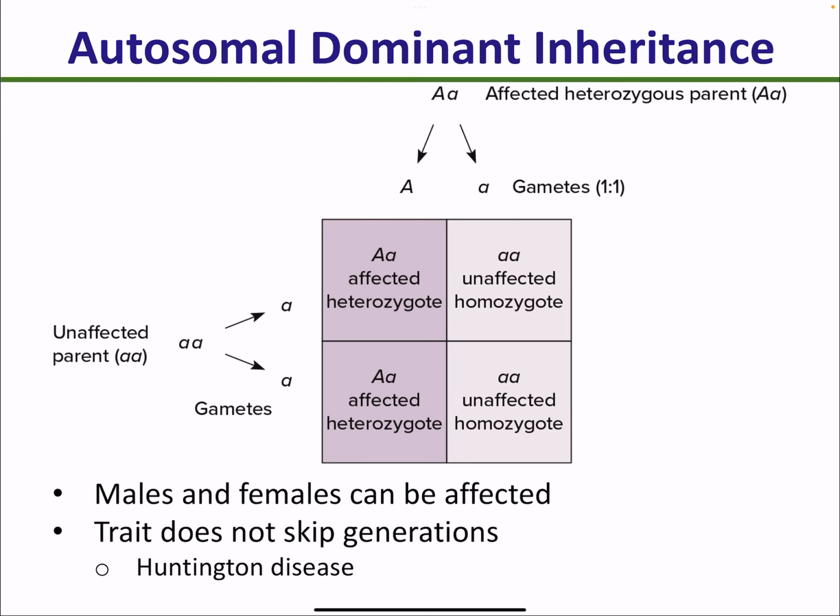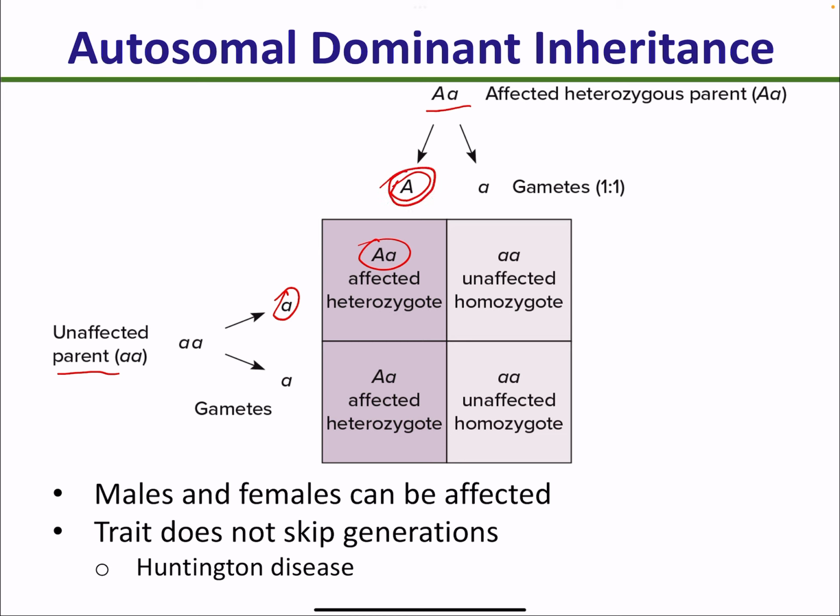So here we are showing exactly how this happens, right? If you have a parent who is heterozygous and a parent who is homozygous unaffected, you cross this with this, you have a heterozygous individual.